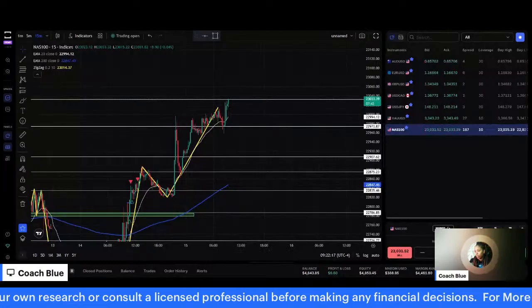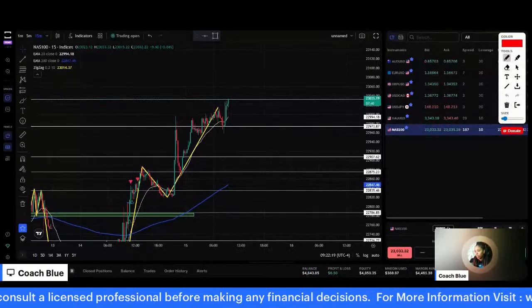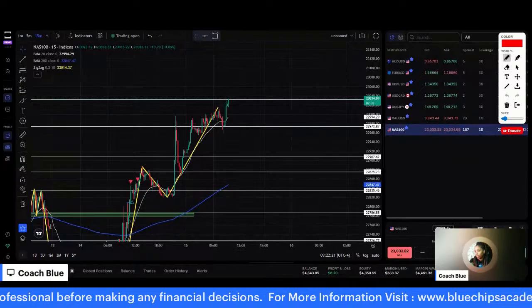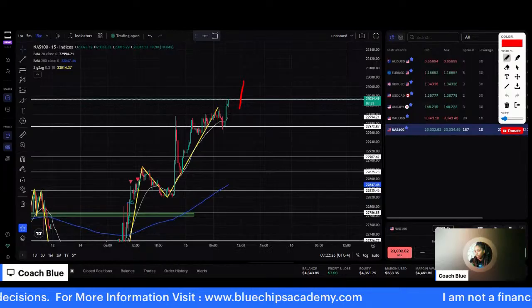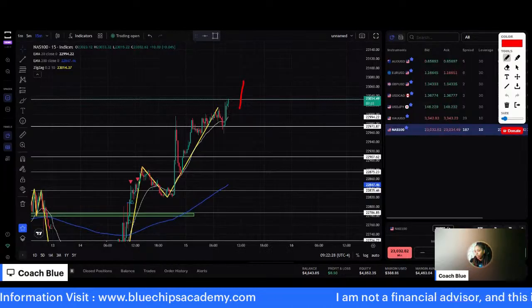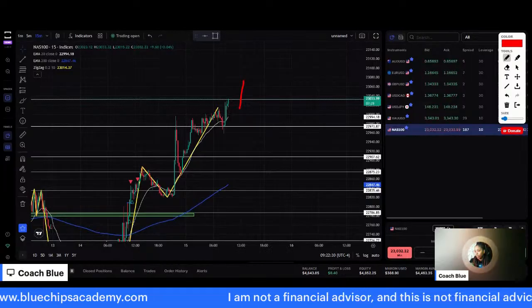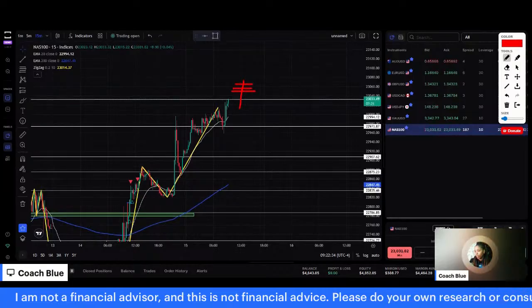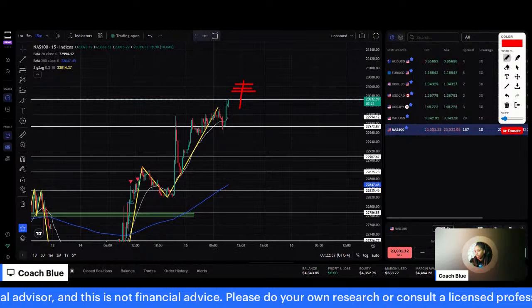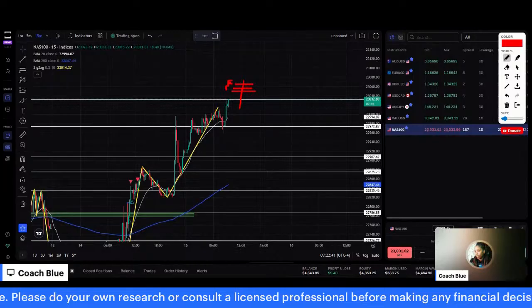Well, sometimes what you'll see is price will break out of a key level. This white line right here is one of my key levels. It'll break out crazy like this, right? And then what will happen is a lot of retail or novice traders will enter for a buy because they say, oh, that's a nice strong candle. These are their entries, right? Let's just say they enter here.